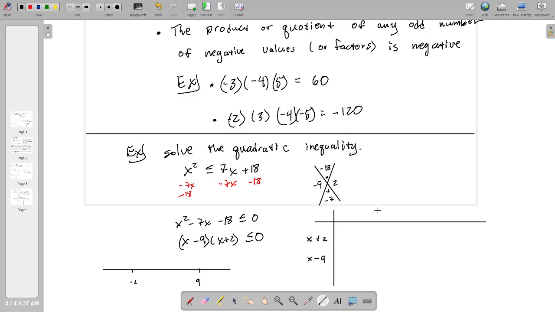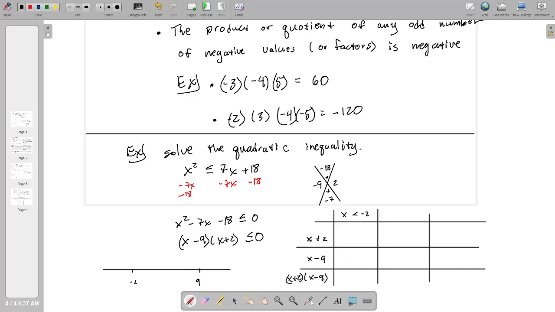So if x is less than -2, if we're in this section over here, we have to see whether we're going to have a positive or a negative value in this table. Now, if x is less than -2, then x could be -3 or -4.